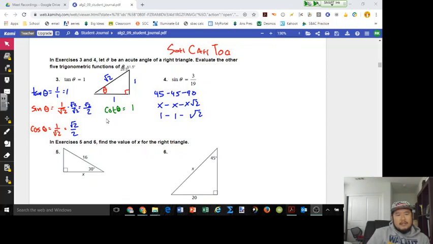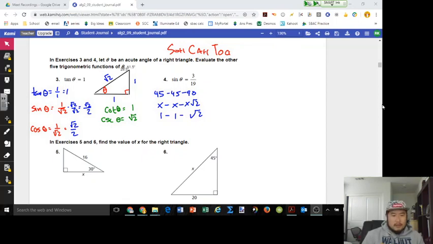The inverse of sine is cosecant. And cosecant theta, if I take a look at the very first one we came with, the answer was 1 over rad 2. If I take the reciprocal of that, it's rad 2 over 1, or we'll go ahead and put it as rad 2 as that answer.